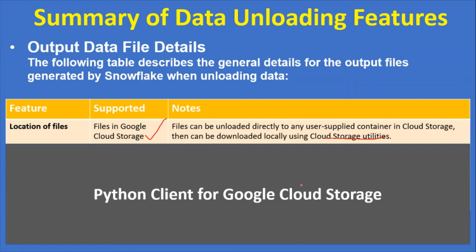We have a Java client for Google Cloud Storage, like that Node.js, PHP. We have multiple clients based on your language. But here, for example, I have mentioned Python only.